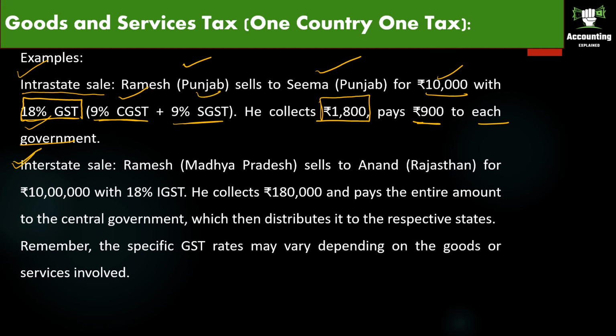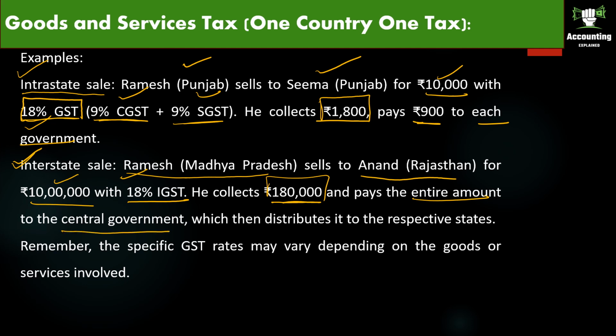Next is interstate sale, that is between states. Ramesh from Madhya Pradesh sells to Anand from Rajasthan for rupees 10 lakhs with 18% IGST. Since it is interstate, now IGST comes into the picture. What is IGST? Integrated goods and services tax. He collects rupees 1,80,000, which is 10 lakhs into 18%, and pays the entire amount to the central government.